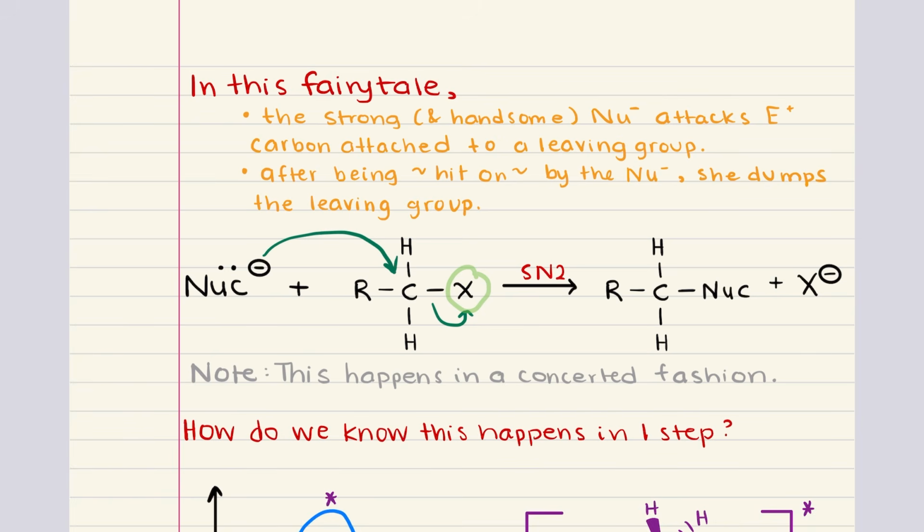So in this fairy tale, the strong and handsome nucleophile makes a bold move, attacking, or as one might say, hitting on the electrophilic carbon that's bonded to the halogen. After the electrophilic carbon gets hit on by the nucleophile, she decides she wants to dump the halogen, our leaving group, and get with the nucleophile instead.